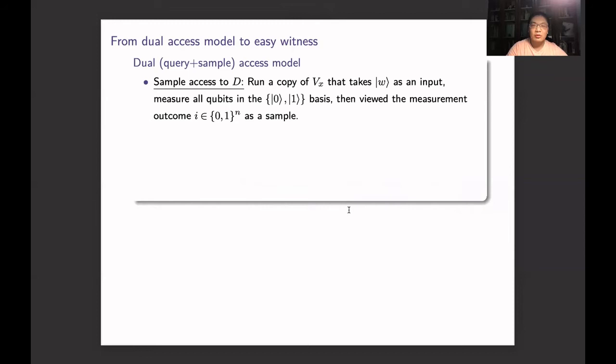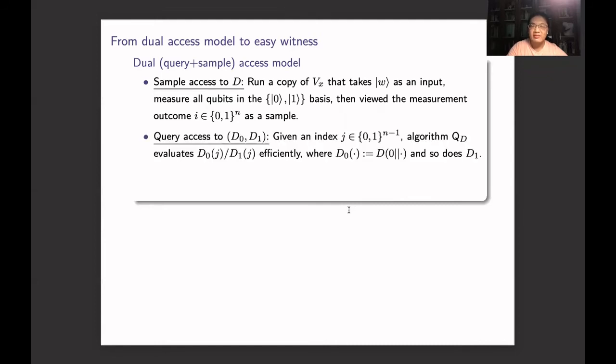First, we need sample access to D, where D is just a distribution generated by the witness and the verifier. Just run a copy of the verification circuit Vx that takes the witness W and the ancillas as input, then measure all qubits in the 0, 1 basis in the end. Here we take the measurement outcome I, which is an n-bit string, as a sample.